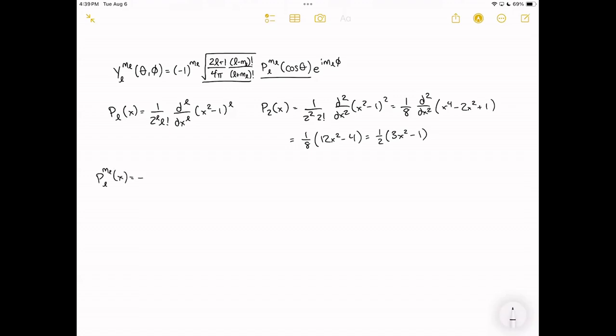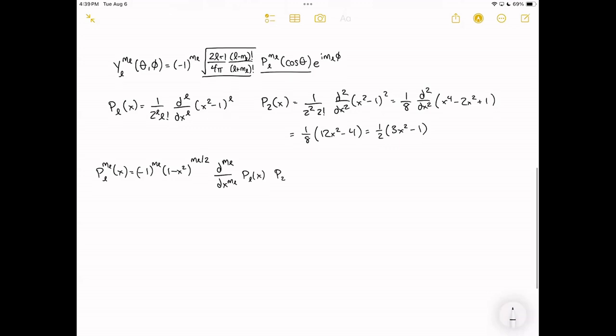Now this is going to be equal to minus 1 raised to the m sub L, 1 minus x squared to the m sub L over 2, and then more derivatives based off of m sub L. And so again, what this is going to be for our chosen quantum numbers here is simply minus 1 squared, 1 minus x squared to the 1, and then 2 derivatives of 1/2 times 3x squared minus 1.